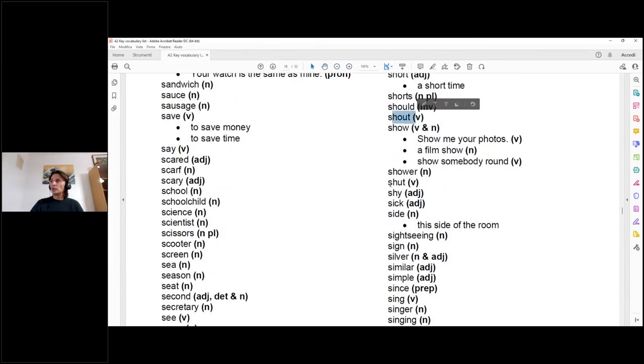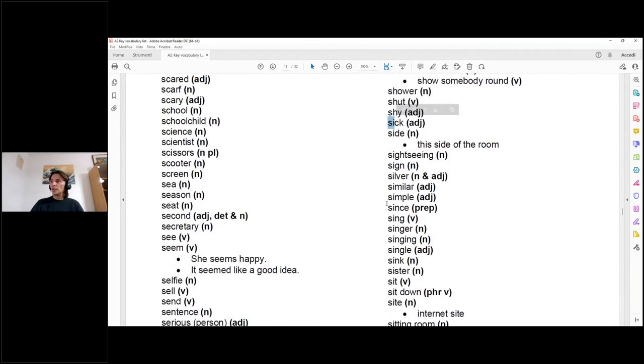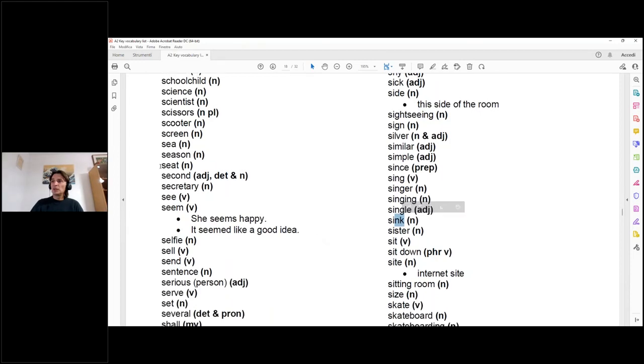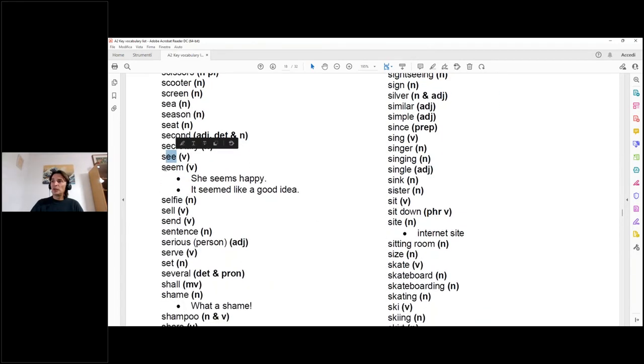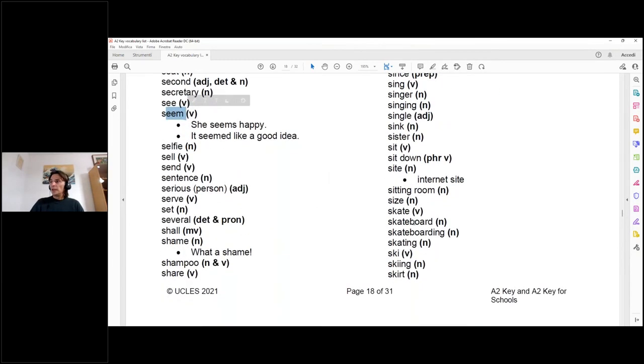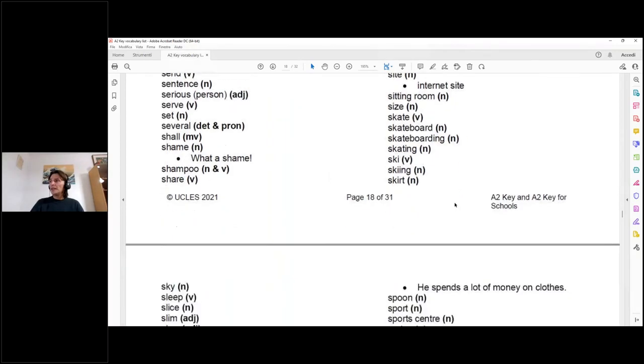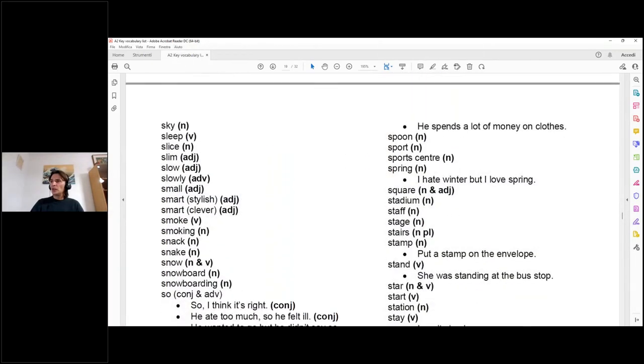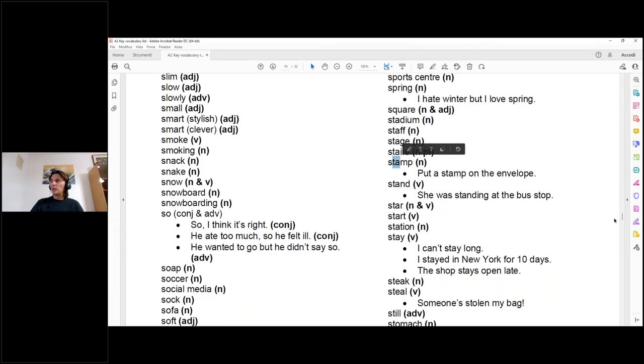Shout, shower, shy, sick, simple, similar, silver, single, sink, to see, seem. I think that we did some of these words, stamp.